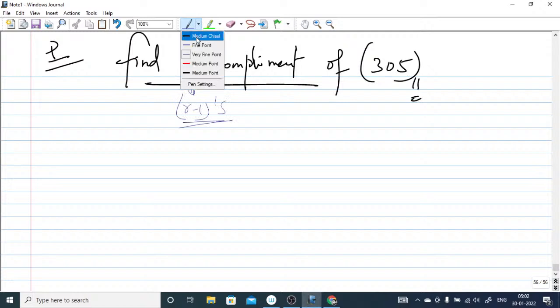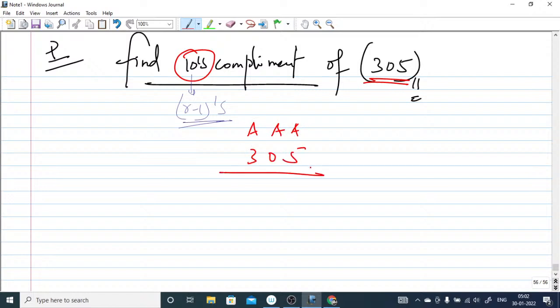So what you have to do here is directly subtract this with 10, means you have to subtract with a. So what is a and 305? You can subtract: this is 5, this is a, this is 7. So this is the tens complement you have got.